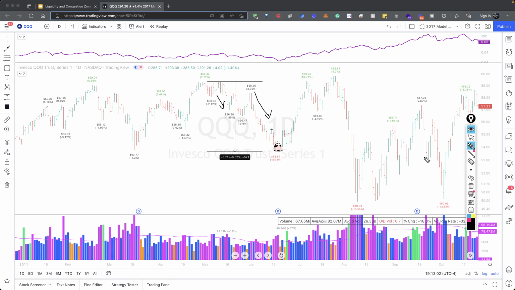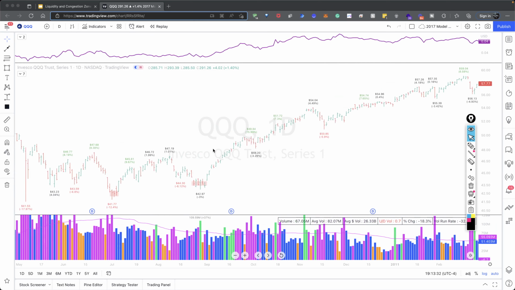You see how this close is not near this close, so you can't call this a congestion zone. And these two closes are together, but we lift off right away. So again, these three particular closes were in close proximity, and we try to rally up and out of it, especially when we're near or at a corrective state in the market.